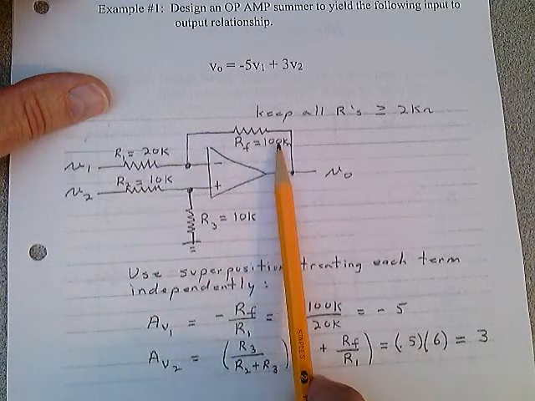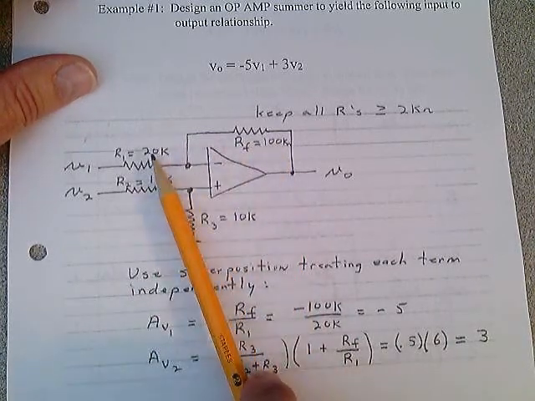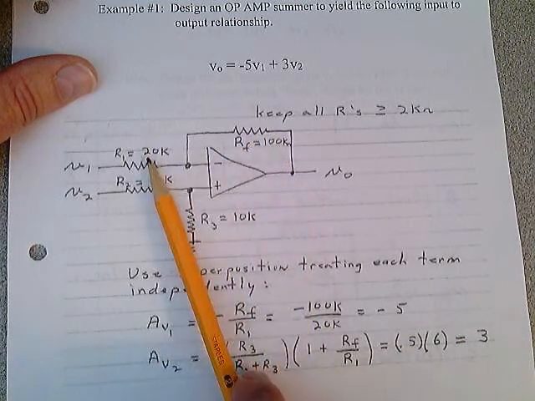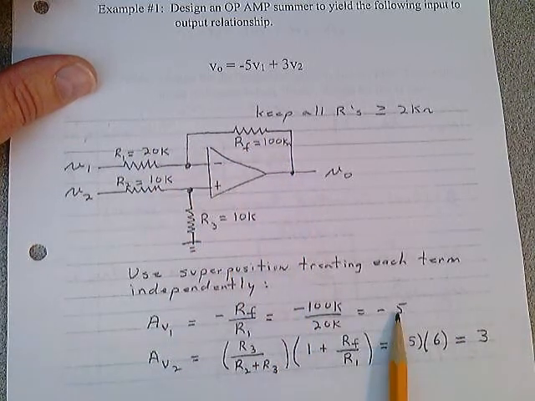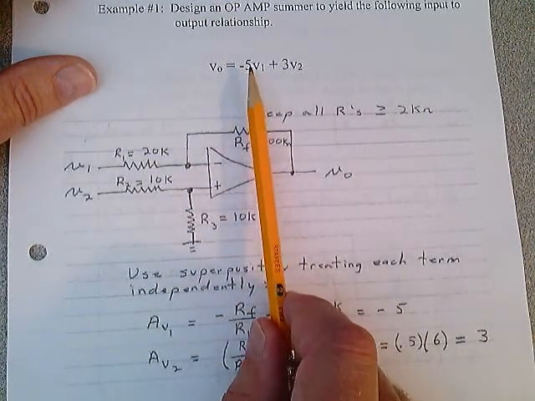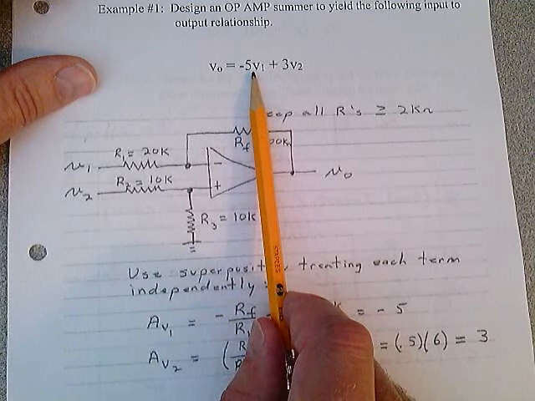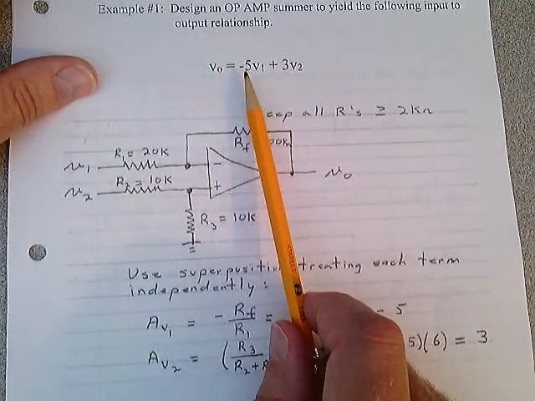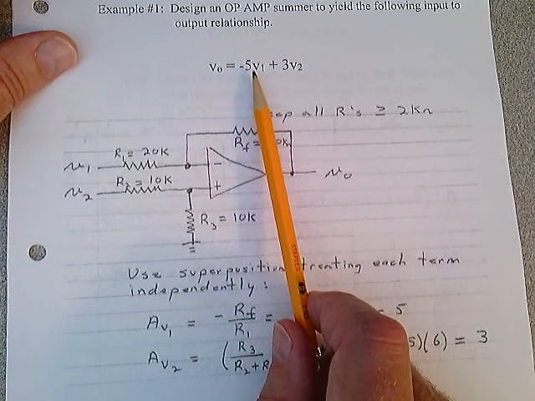I picked a 100 k ohm resistor up here for the feedback resistor and a 20 k here. If you take a look, the ratio of this divided by that is a minus 5. So I've taken care of that part of the expression. You always do the negative gains first in these linear equations.